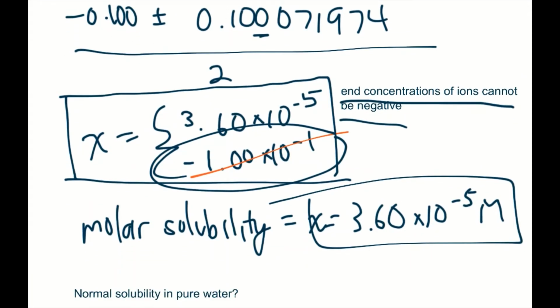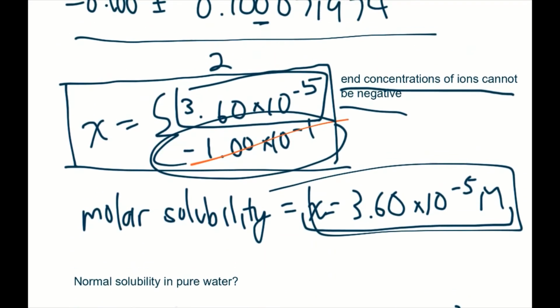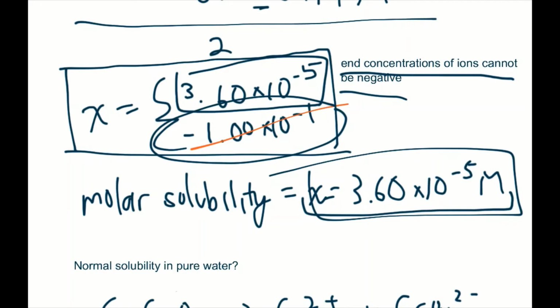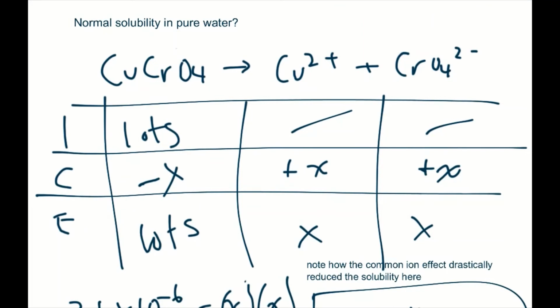So our x will be 3.60 times 10 to the negative 5, and if you remember, x stands for the molar solubility, so x is equal to this, and that must mean that our molar solubility for copper(II) chromate is 3.60 times 10 to the negative 5 molar. So remember, if you're lost, feel free to pause the video and copy what I'm doing. So now let's move on.